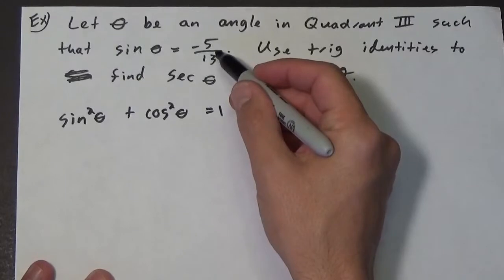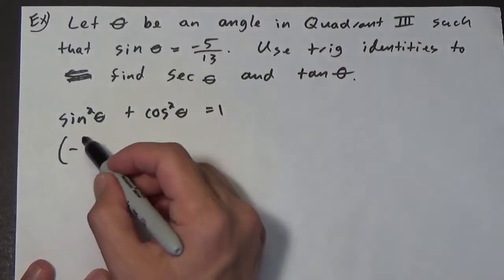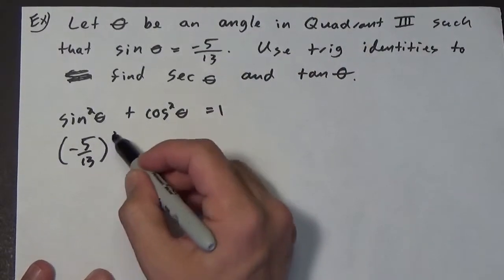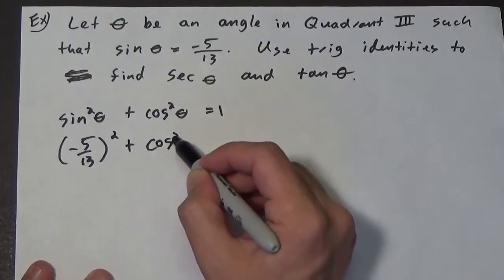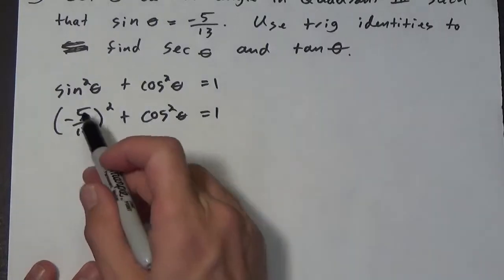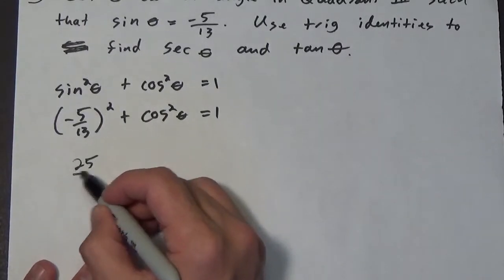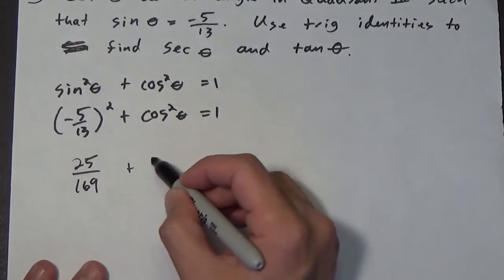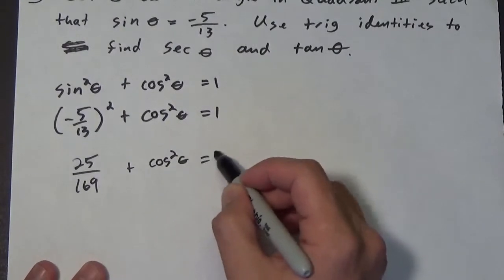Okay, well, we know sine of theta is negative 5 over 13, so we're going to put in negative 5 over 13 squared plus the cosine squared of theta equals 1. Okay, let's square that out. So 5 squared is 25 over 169 plus the cosine squared of theta equals 1.